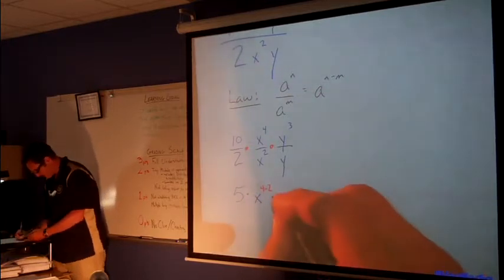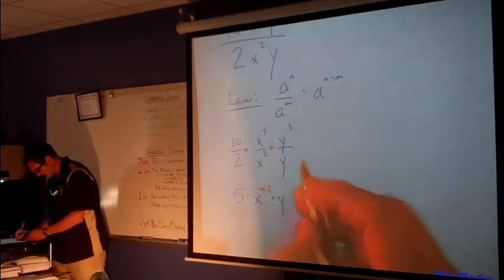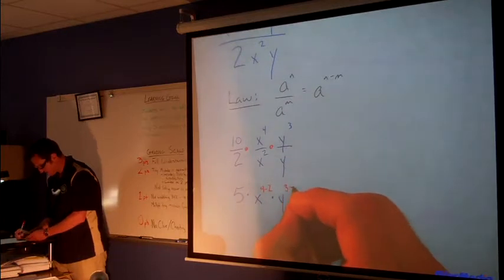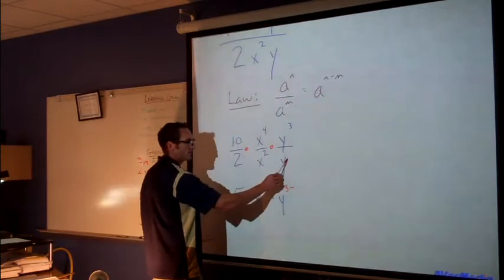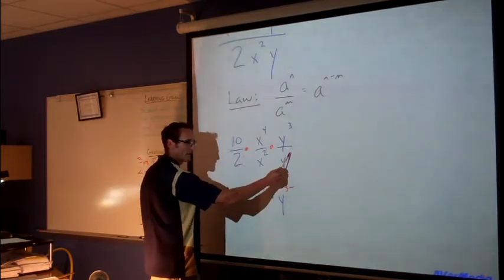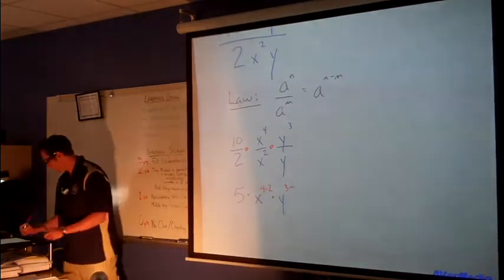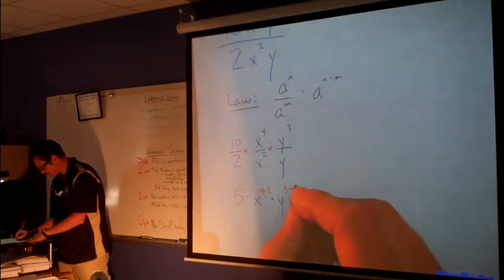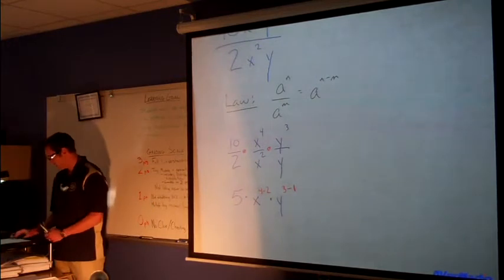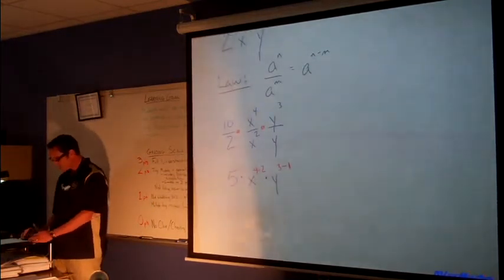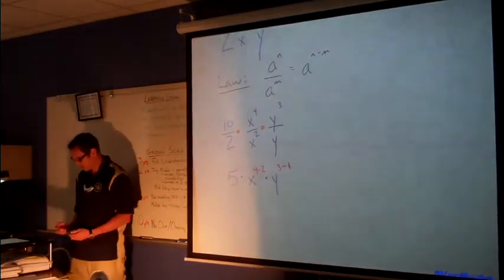Once again, keeping the base, subtracting the exponents. 3 minus what? If you remember what the exponent is for this y. 3 minus that exponent, of course, is our friend the ninja. 1. You may not see him, but he is there. Or she. So we've applied the law of exponents that way.